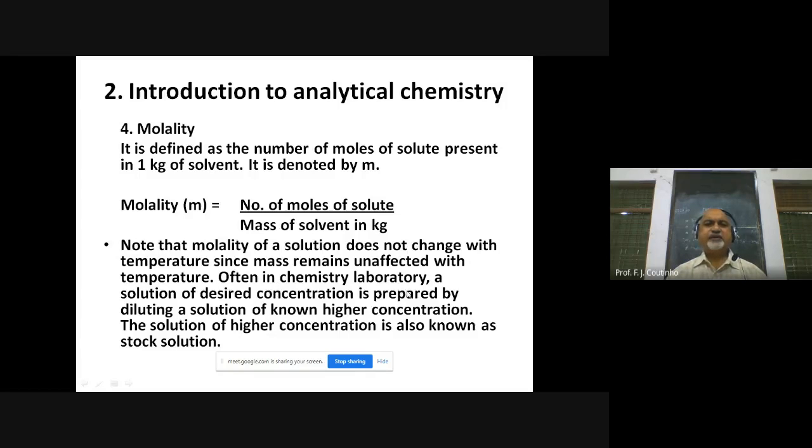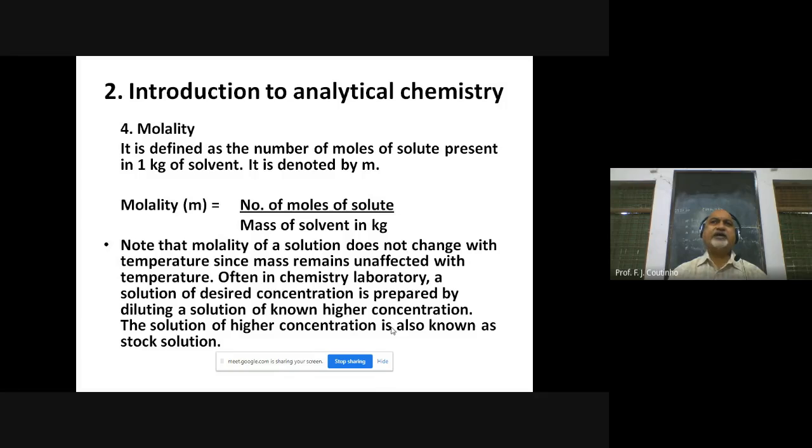Often in a chemistry laboratory, a solution of a desired concentration is prepared by diluting a solution of a known higher concentration. Most of the time we get concentrated acids in a ready-made form.